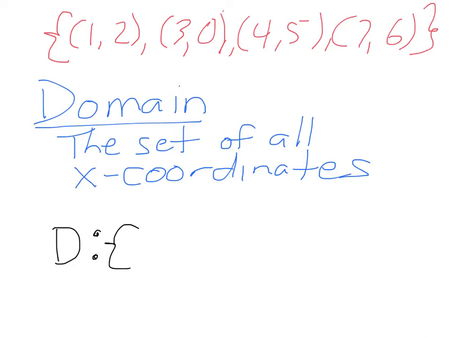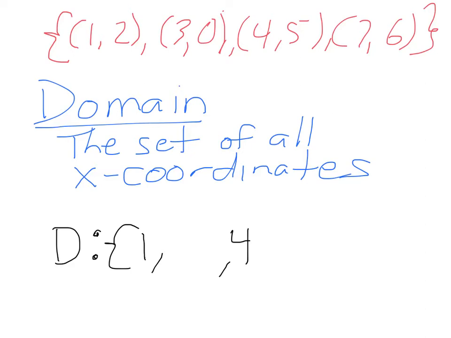Can somebody give me an element, that's what we call parts of a set, an element of the domain? 1. 1 is in my domain. What else is in my domain? -1. -1 is not in my domain. 2. 2 is not in my domain. 3. 4 is in my domain.